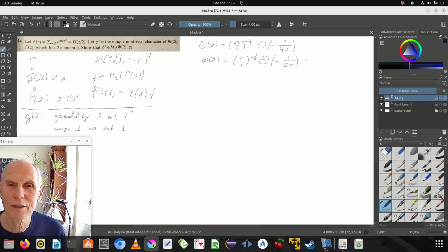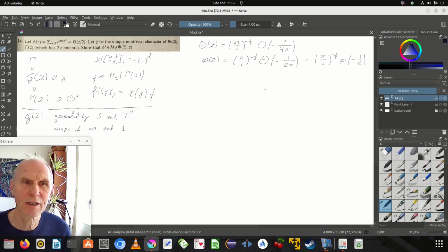And this is just minuscule theta of minus 1 divided by z. So that's lovely.